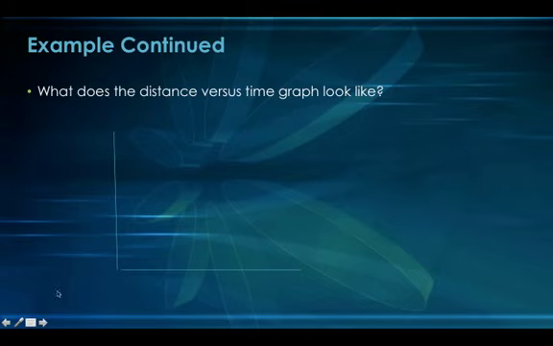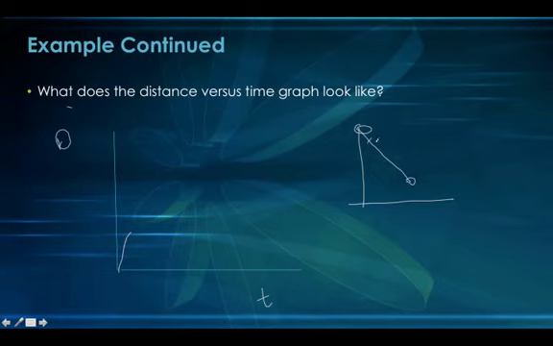So in our DT graph, here's our position, here's the time. Our VT graph looked like this. Okay, so we started off with a high velocity, which means that we're going to have a high slope. So we're going to start off with a high slope.